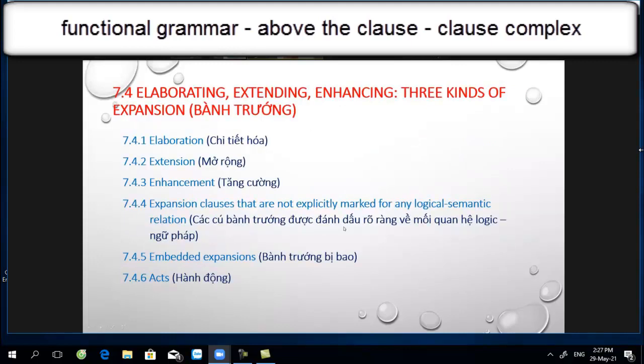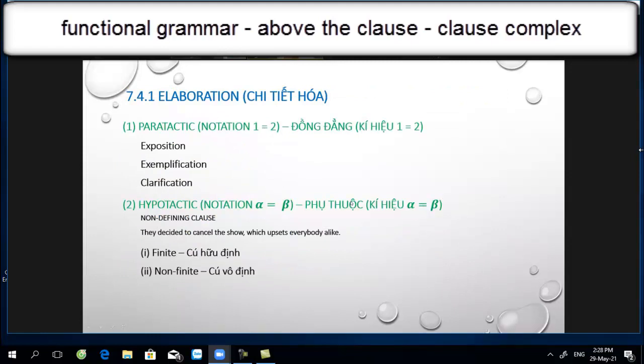In my part, there are 6 main parts. And now we come to the first one, elaboration. Chi tiết hóa. As Miss Wen has said, paratactic, we have the notation, the number 1 and 2. And in this part, we use the equal sign, dấu bằng, ký hiệu 1 bằng 2.